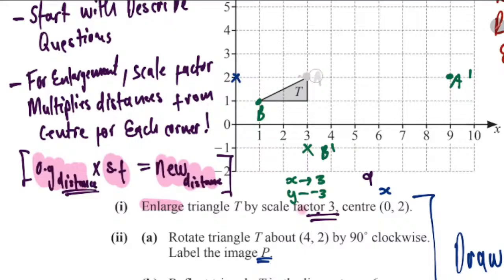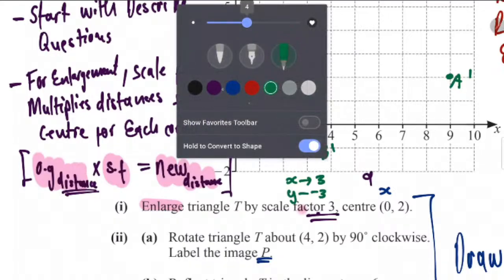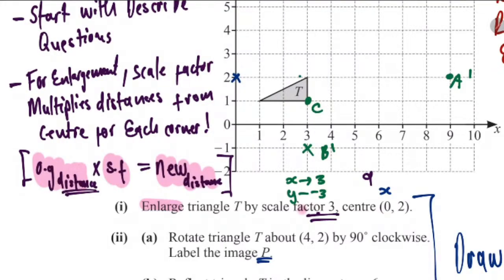Now, let's remove A prime and B prime. Now, let's work with this last point, C. Where is it? We'll go 1, 2, 3. It's 3 in the x. Then it's one step downward, so it's a negative 1.